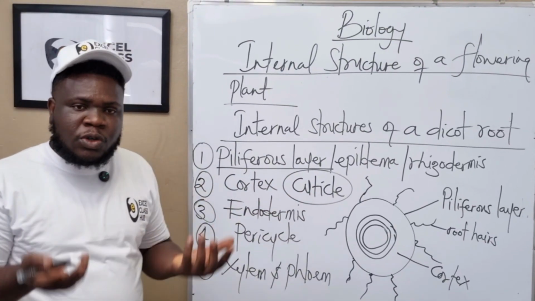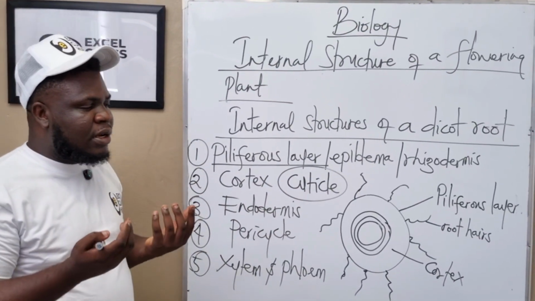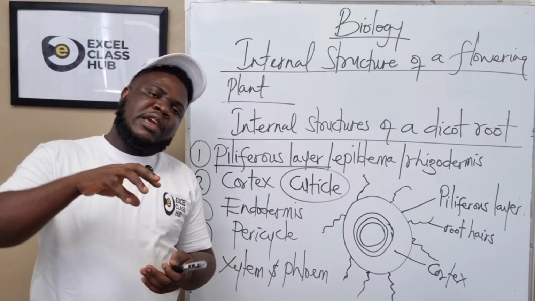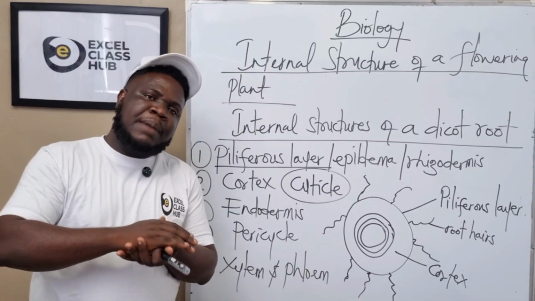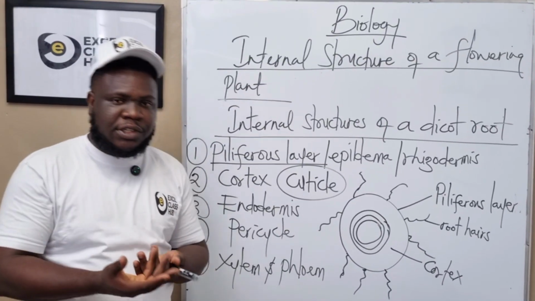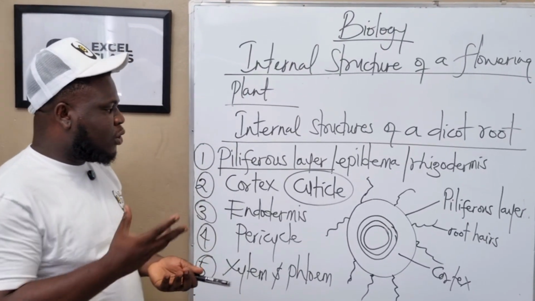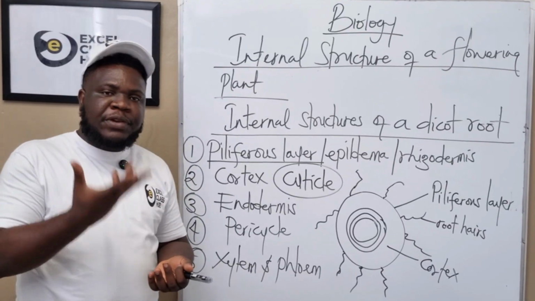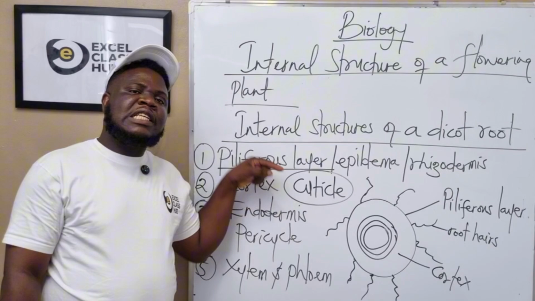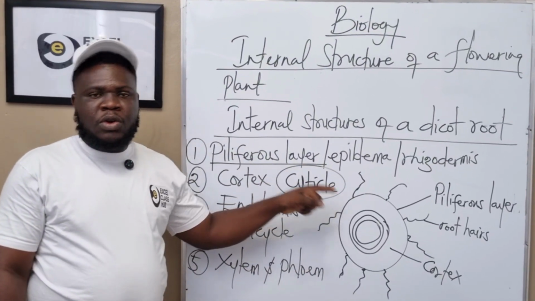What does cortical do? Cortical basically does protective functions. Now, cortical is just like a waxy layer that prevents water loss in stems and in leaves. So the function of cortical is that it actually prevents water loss. But a root cannot have cortical. Why?